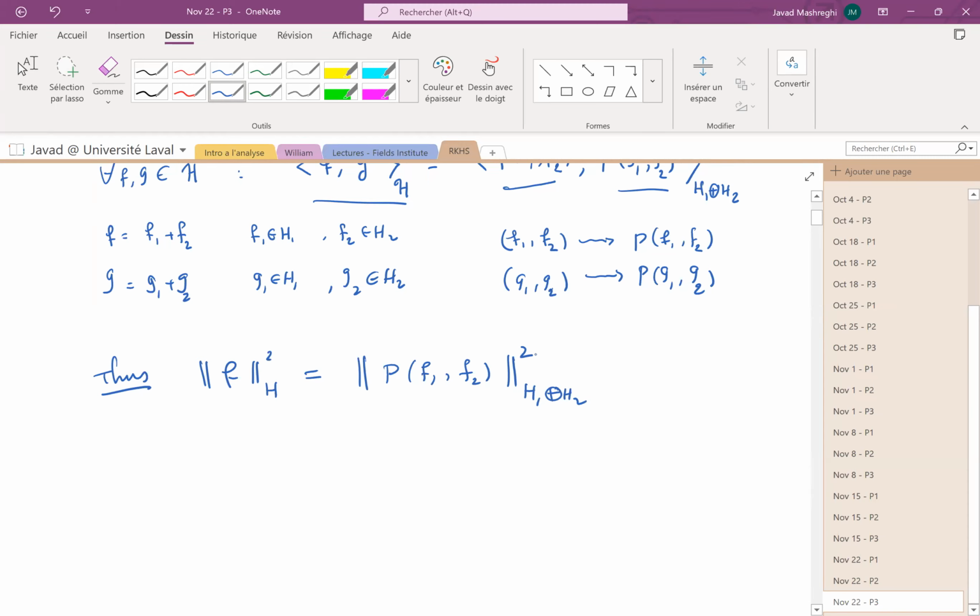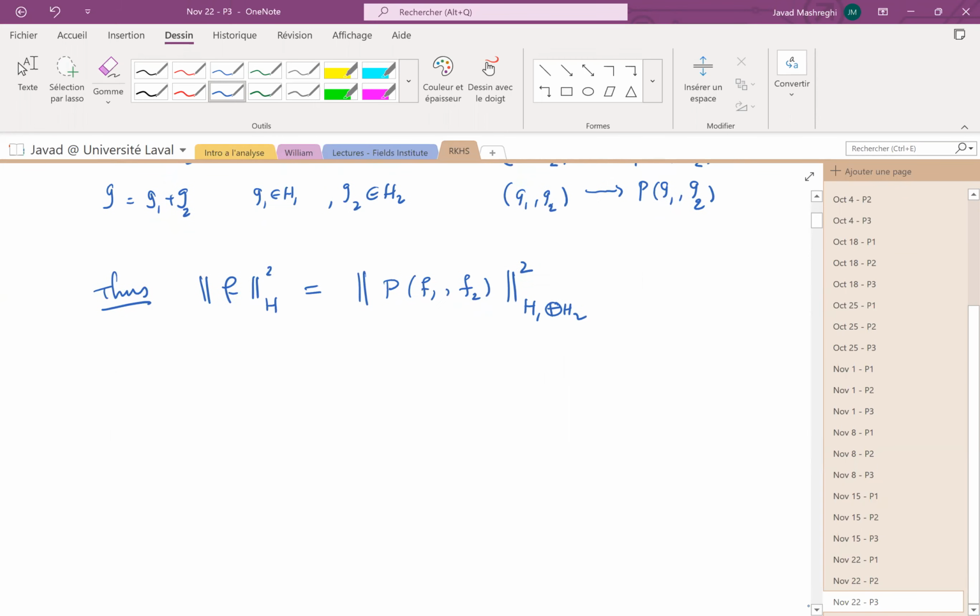And now we explore the properties of this norm that we defined. First thing, in any space, the norm of the projection on M of X is the same thing as the minimum of all X plus or minus Y when Y is in the orthogonal space.